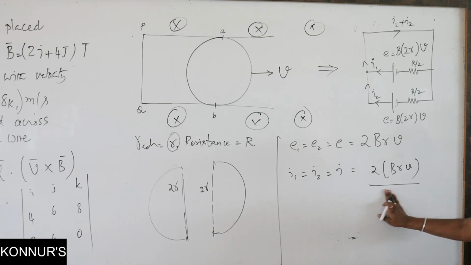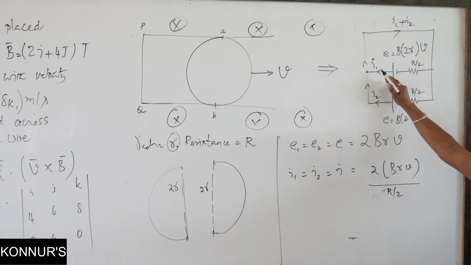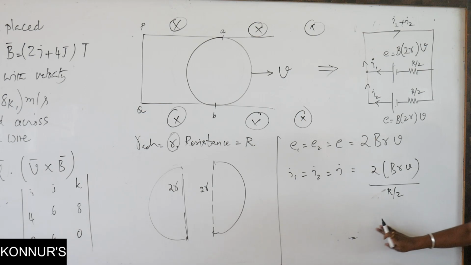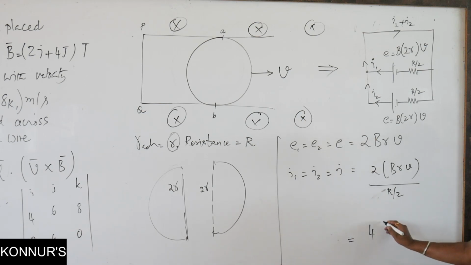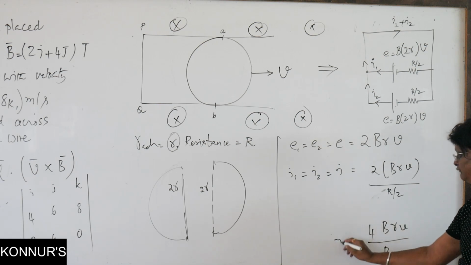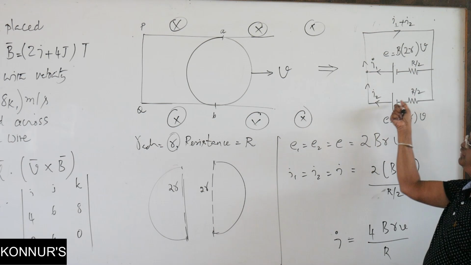I am writing for each of I1 or I2, so the resistance is R by 2. So this is 4 times BRV by capital R, which is I, due to each of this segment.